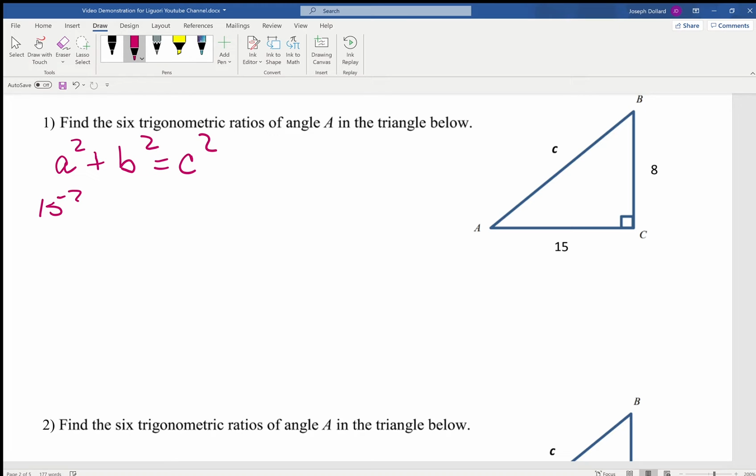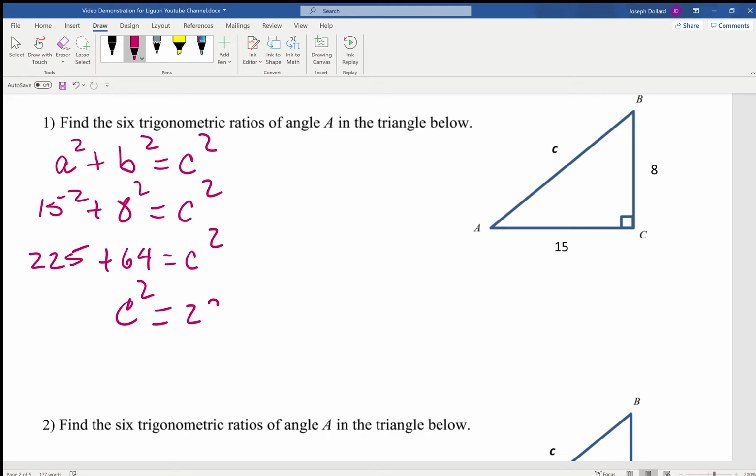We plug in 15 squared plus 8 squared is equal to c squared, or 225 plus 64 is going to equal c squared, or c squared equals 289. If we take the square root of each side, remember we only take the positive root. This is going to be 17. So now I know that c is 17, and now we can just plug in our trig ratios.